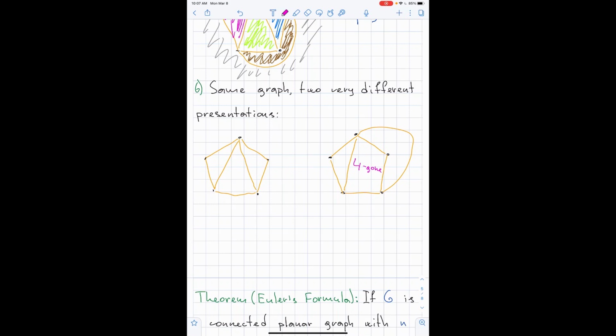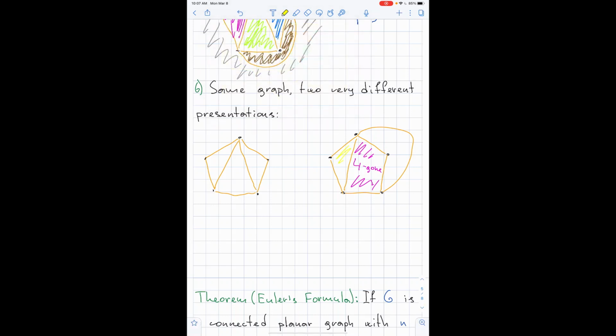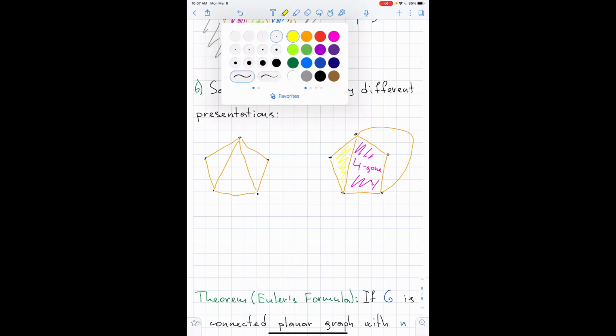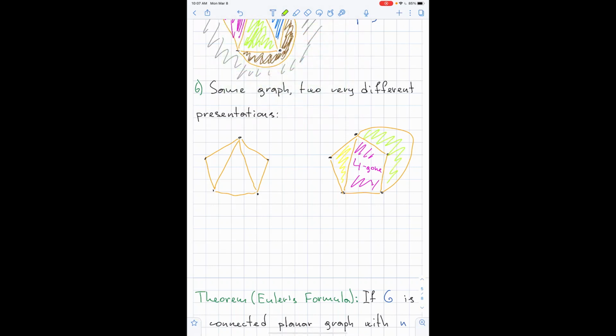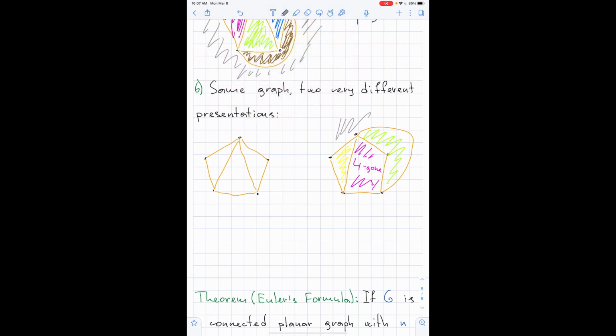So clearly these two drawings are very, very different. However, if you count the regions, you get the same number. So let's color everything as usual. Say like this, and we have gray around.